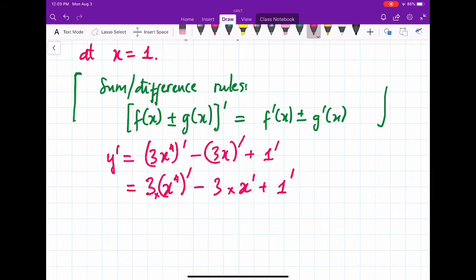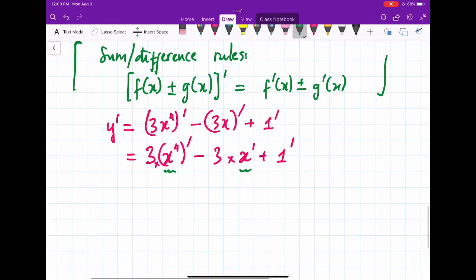All right, we know how to differentiate x to the 4 and x. The derivative of x to the 4 is 3 times 4, and then here is x cubed, because you take the power of 4 down and then decrease the power by 1.